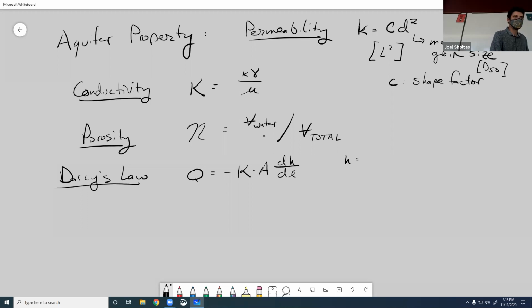Where head is defined as the elevation of the water table Z for an unconfined aquifer. And head is equal to Z plus pressure over gamma when we're dealing with a confined aquifer.